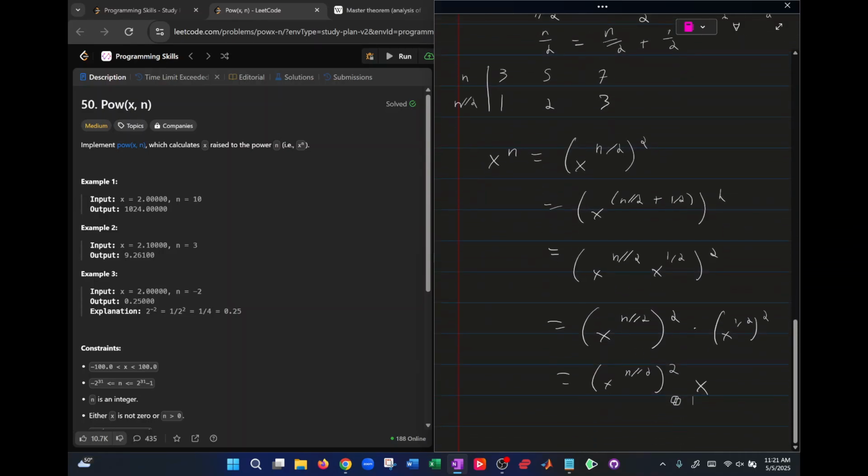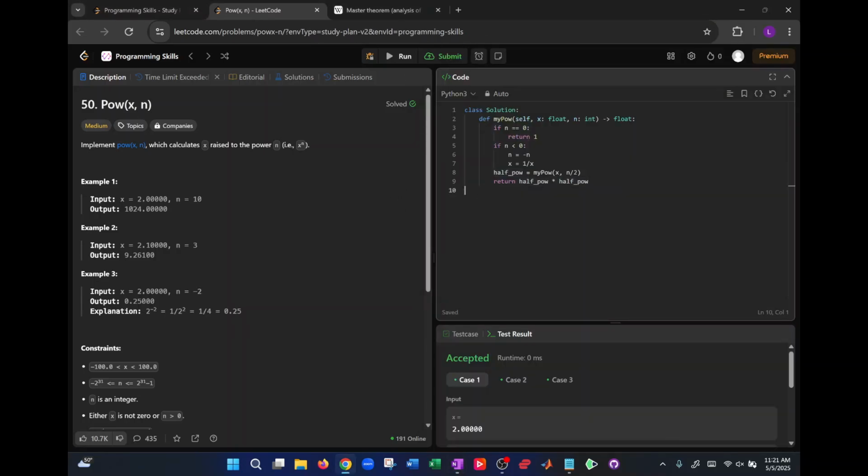If n is odd, we're going to do that same thing, but then multiply by an additional factor of x to account for the differences that were introduced when we took this floor division. But basically, this is the formula that we need to use.